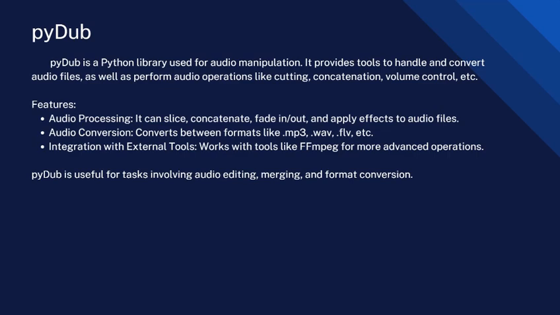Audio conversions. It can convert between formats like MP3, WAV, FLV, etc. Integration with external tools. It also works with tools like FFmpeg for more advanced operations. PyDub is useful for tasks involving audio editing, merging, and format conversion.